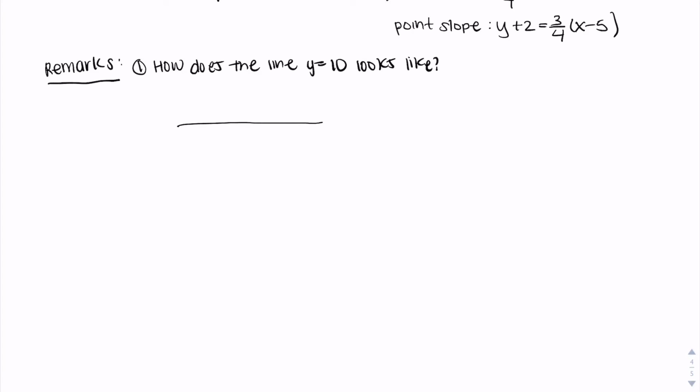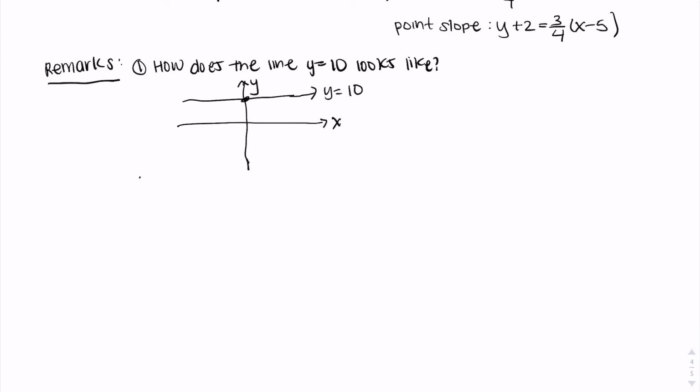So it will look something like this. This is y. It means that y equals 10. So right here will be 10. So then just draw a horizontal line. That is y equals 10.